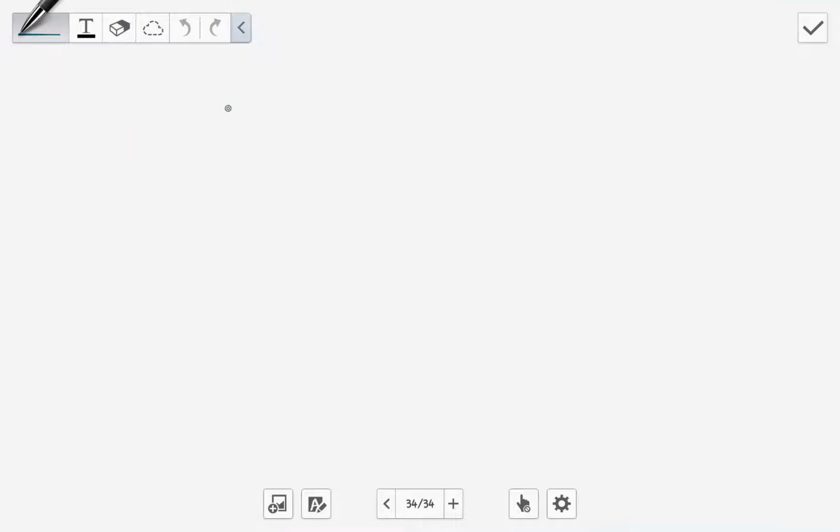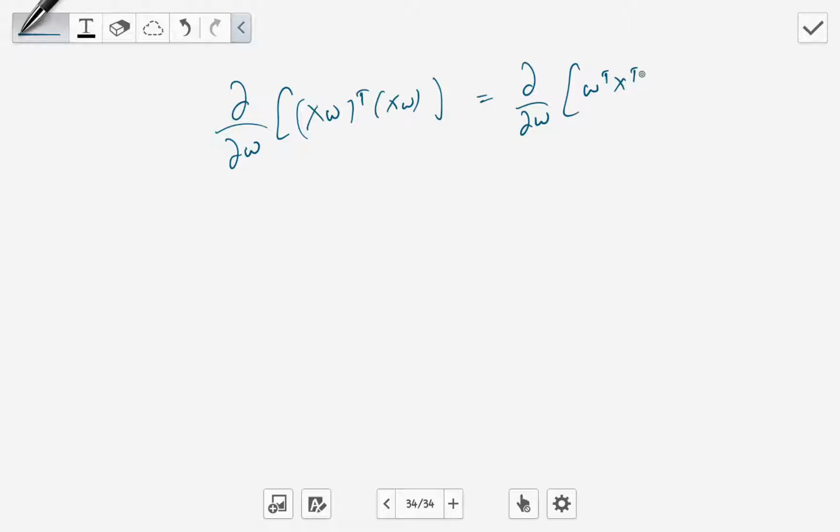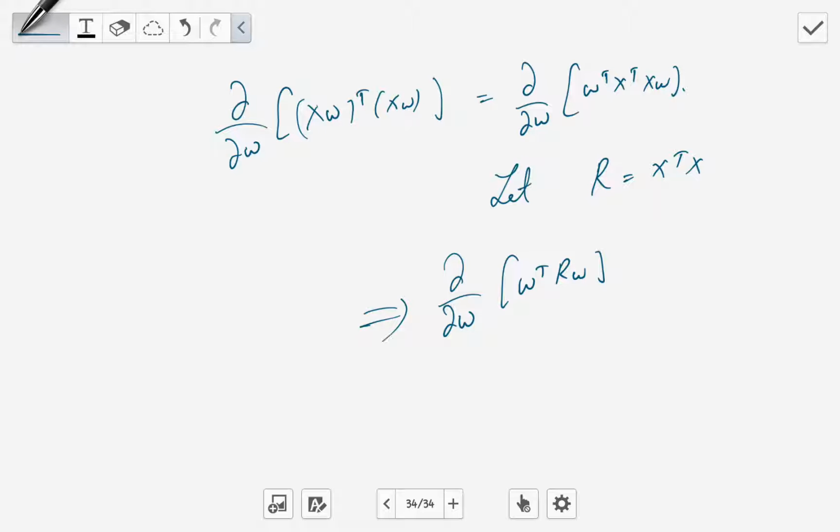Now the second, d by dw of xw transpose xw, which is d by dw of w transpose x transpose xw. Let some capital R be equal to x transpose x. So that will be del by del w of w transpose Rw. This has to be found. Now see, R is x transpose x.